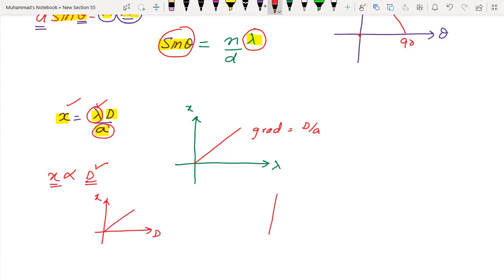And if we are changing the slits, so we are changing a, then the relationship between x and a is inversely proportional, and it would be a nonlinear graph. It will be like this. Okay, so x versus 1 over a would be a straight line like this. If we plot 1 over a on the x-axis and x on the y-axis, then we will get a straight line relationship.